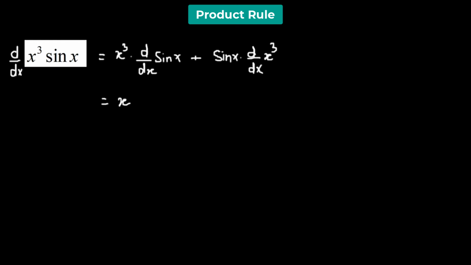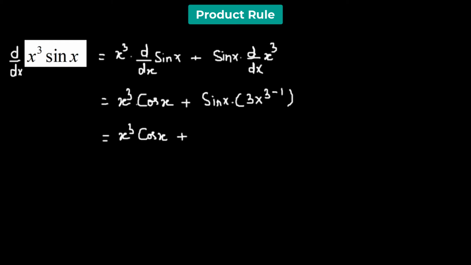So that will be equal to x cubed times cosine of x plus sine of x times the derivative of x cubed, which will be 3x raised to the power of 3 minus 1. So we have x cubed cosine of x plus sine of x multiplied by 3x, 3 minus 1 will be 2. So this is the derivative of the given function.